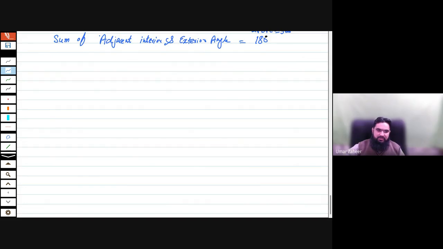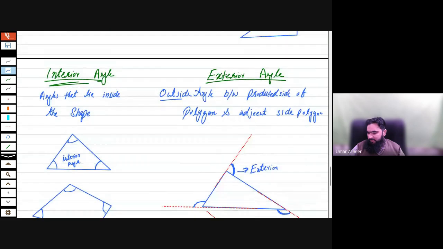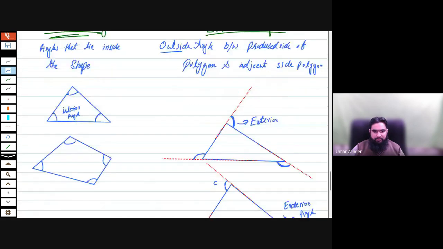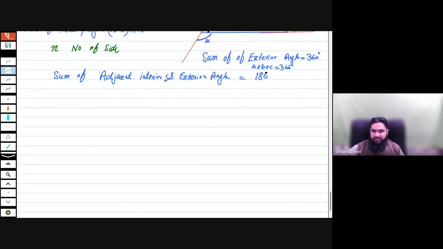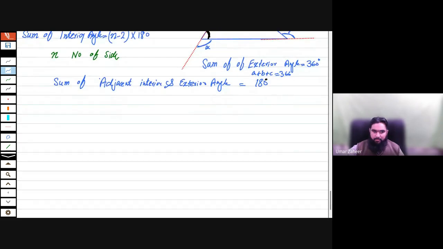Okay, so obviously the interior and exterior angles are in polygons. So we have to discuss polygons now.